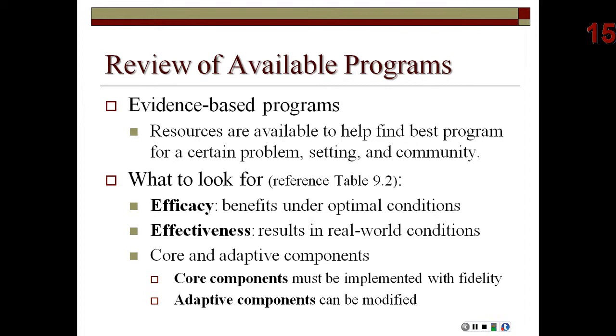Effectiveness, on the other hand, are the real-world results under real-world conditions, right? So a program can have efficacy but not really be effective, right? So going through those stages of adaptation, innovation, so on and so forth, can influence the effectiveness of a program.